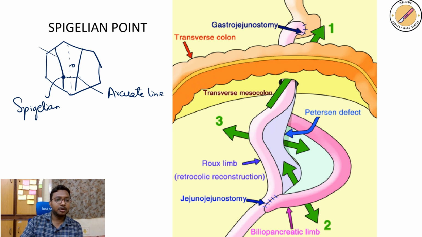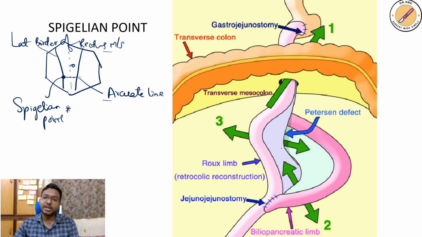This is the lateral border of rectus, which is the linea semilunaris. So this point is called the Spigelian point, the junction of the arcuate line and the lateral border of rectus. Whenever a hernia happens through the Spigelian point, that is called Spigelian hernia.